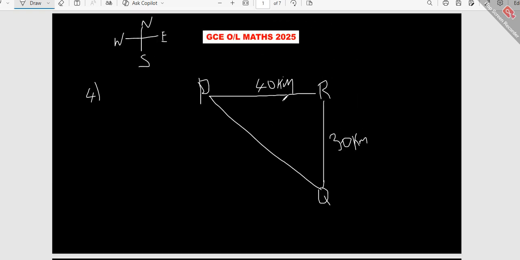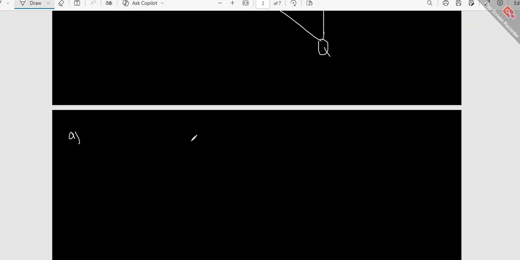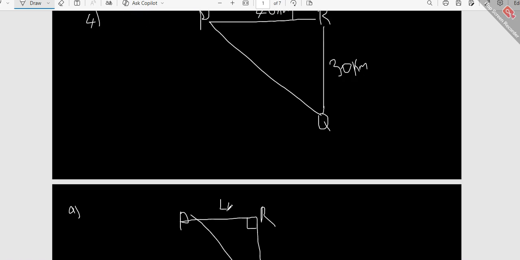Now analyzing this, you see that we have drawn a right angle triangle. So it is like this, which makes it a right angle triangle. So we have the sides P, R, and Q. This is a right angle triangle, and this side is 40 kilometers.